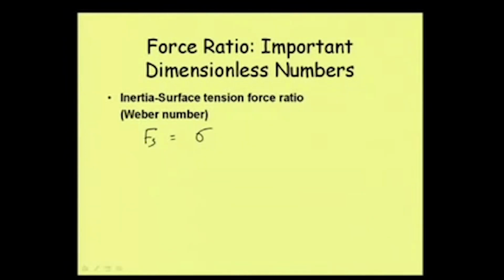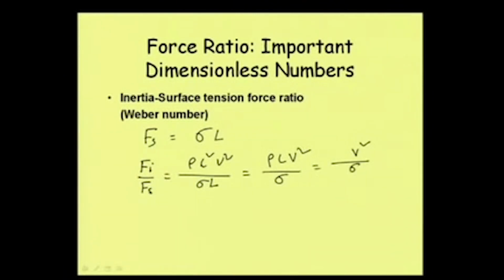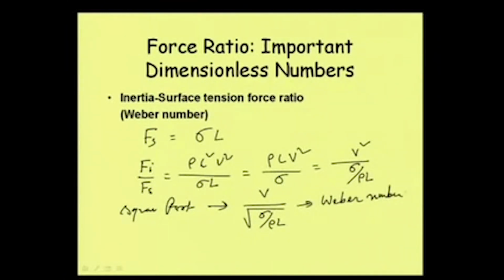So, the force will be this multiplied by L. Then if I take the ratio Fi by Fs, this will be rho L square V square divided by sigma L. So, we can write that as rho L V square divided by sigma, which can be written as V square by sigma by rho L. The square root of this is V by root over sigma by rho L, and this number is known as the Weber number.